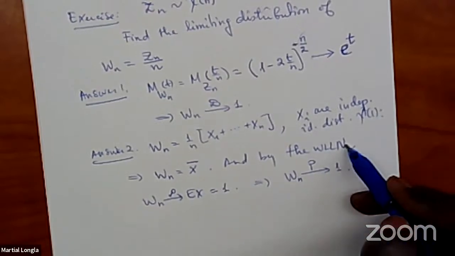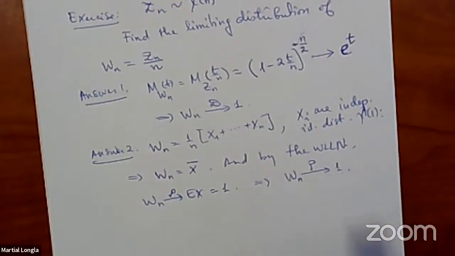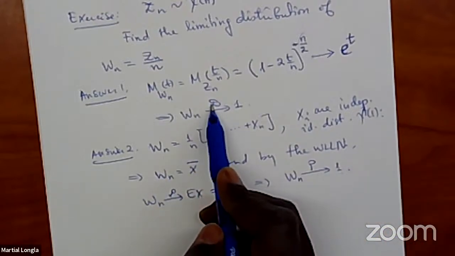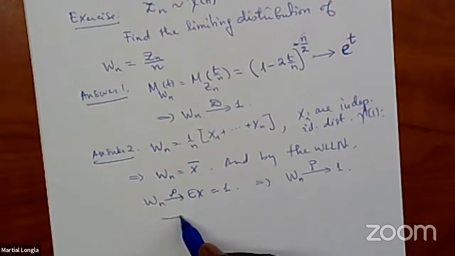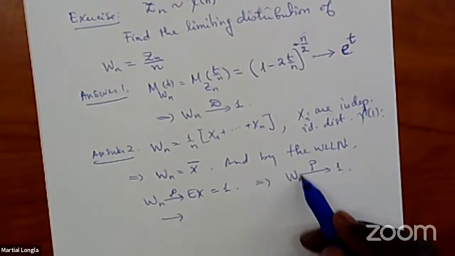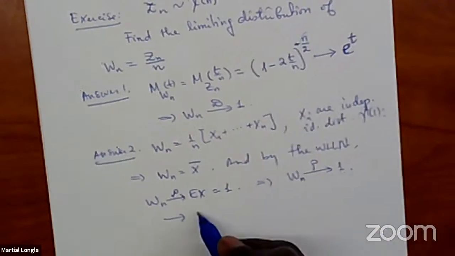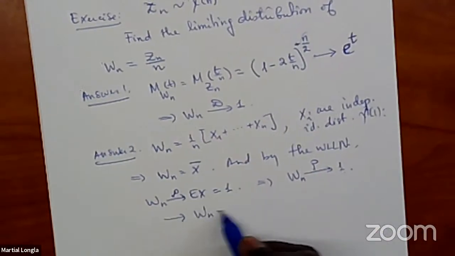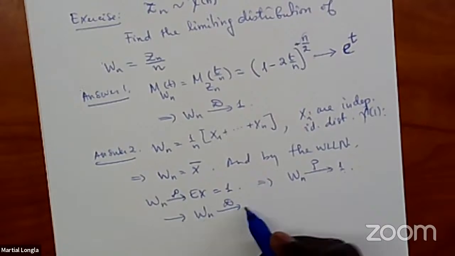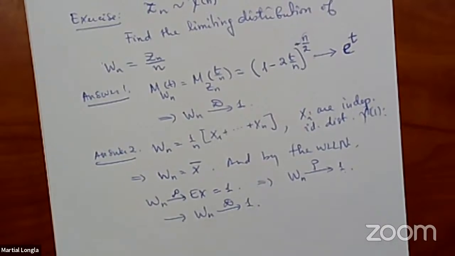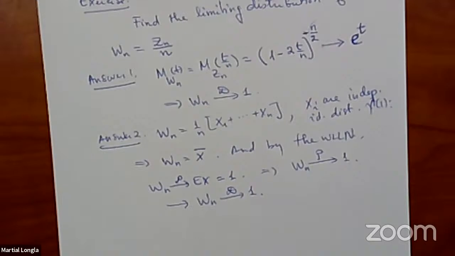This conclusion is convergence in probability, but you were asked about convergence in distribution, and you use the theorem that states that if a random variable converges in probability to a constant, then it does converge in distribution as well to the same constant. That's it. Questions?